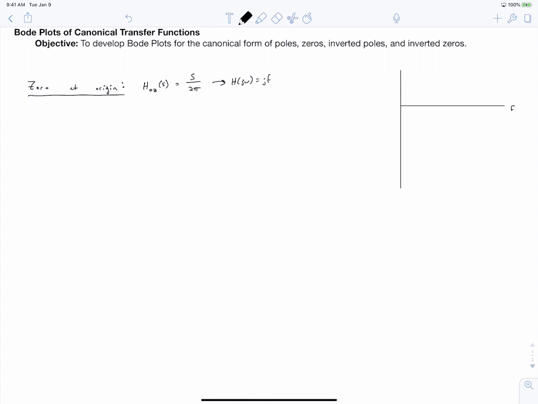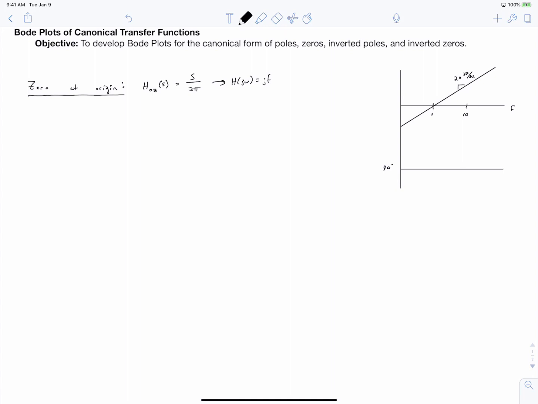So clearly, if we were to plot this transfer function, it is going to be increasing at a rate of 20 decibels per decade, and at f equals 1 hertz, it's going to be 0 decibels. At 10 hertz, it's going to be 20 decibels. So at infinite frequency, it's going to have an infinite value, and at DC conditions, it's going to be at negative infinity decibels. The phase of this is constantly at 90 degrees.